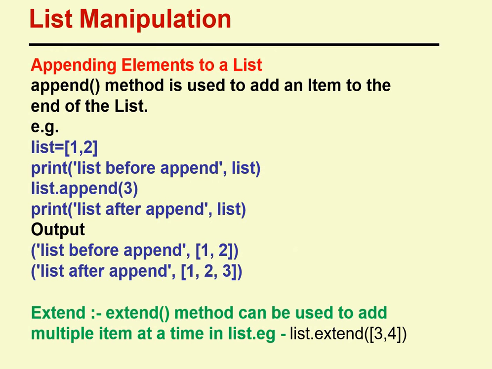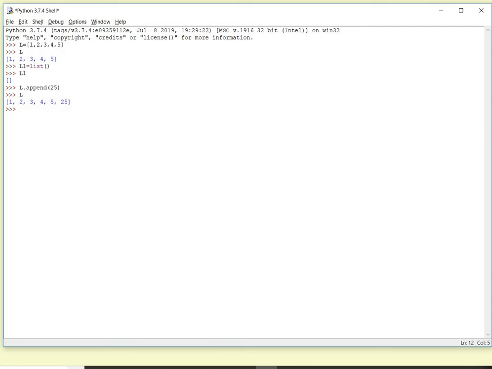Okay. Now extend. So extend can be used to add multiple items at a time in a list. Suppose there is another list, L2, equal to 11, 3, 9 or 8.